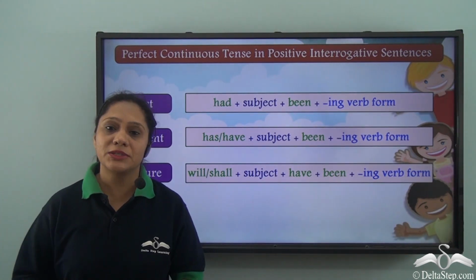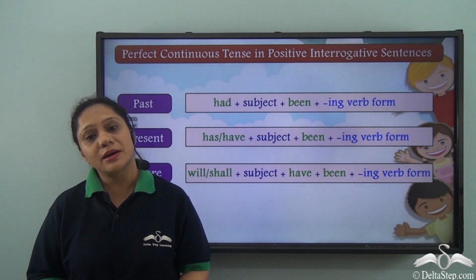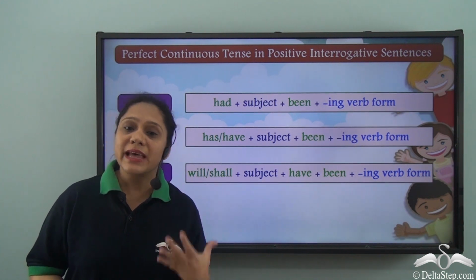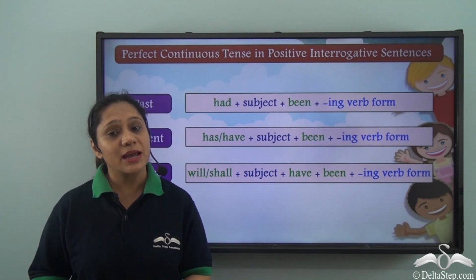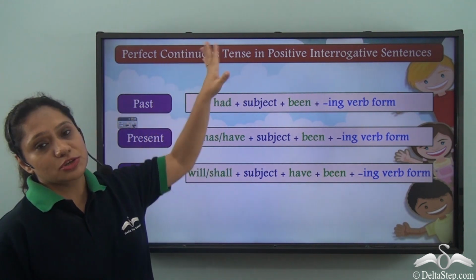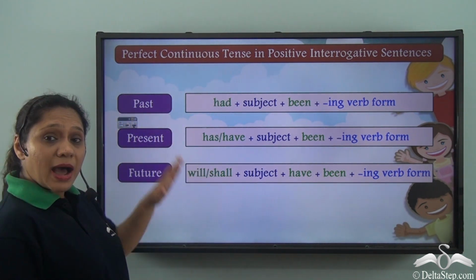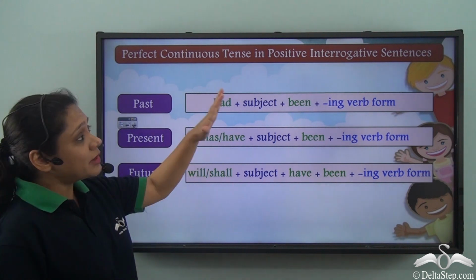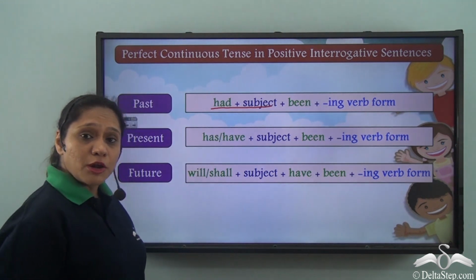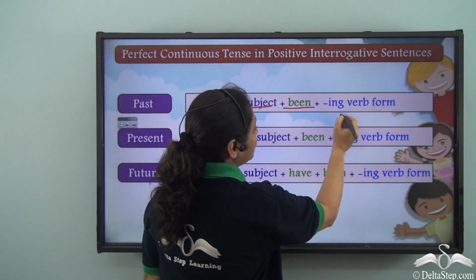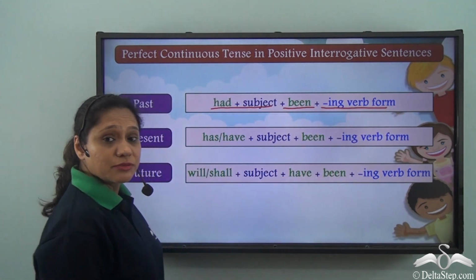So what did we learn today? Today we have learned about the various sentence forms of the negative interrogative sentence portraying the perfect continuous tense. So in the past tense, the positive interrogative sentence has the form had followed by the subject, followed by been and then the ing verb form.